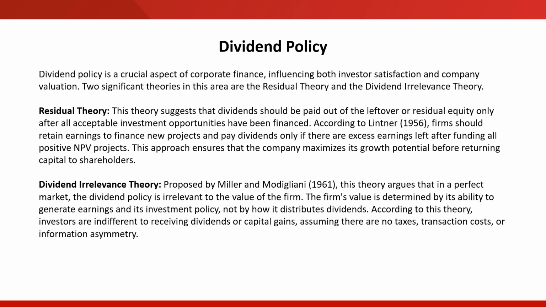In essence, the dividend policy does not affect the value of the firm. Both of these theories provide valuable insights into how firms might approach dividend payments. While the residual theory emphasizes the importance of funding growth opportunities first, the dividend irrelevance theory highlights the idea that in perfect market conditions, dividend policy might not impact a firm's value.